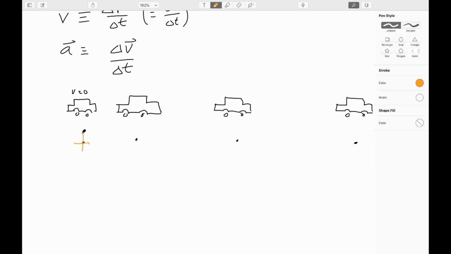So you can just draw a dot if you want, for r0. And then my next position here would be this vector here, r1, and then r2, and then r3, like so.